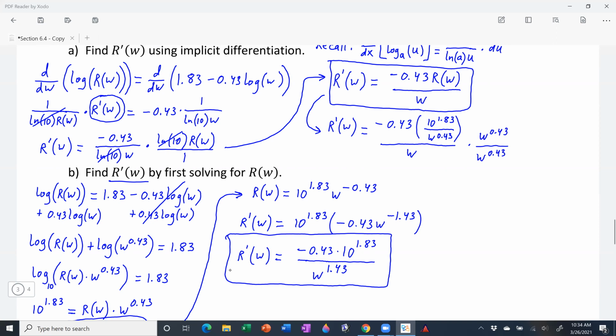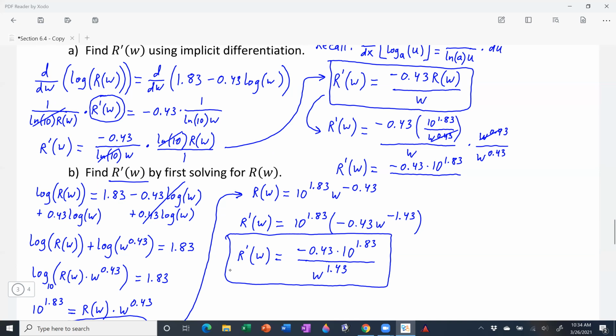So when we multiply this onto the top, it's just going to fully cancel. And then when we multiply it onto the bottom, let's see what we get. R prime of W equals, so on the top, all that's left is going to be this negative 0.43 times that 10 to the 1.83. And then in the denominator, we've got W times W to the 0.43.